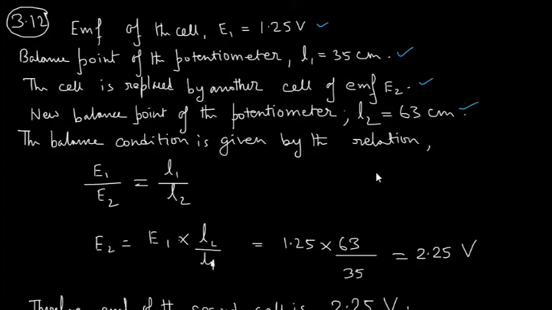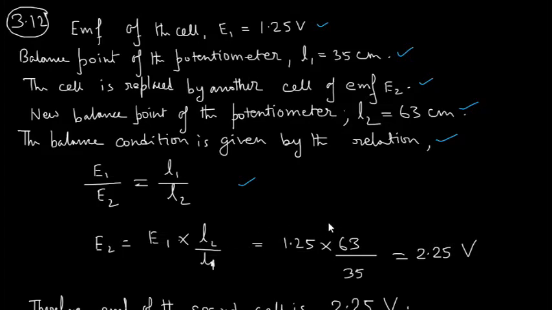The balance condition is given by the relation E1 upon E2 is equal to L1 upon L2. E2 is equal to E1 multiplied by L2 upon L1.